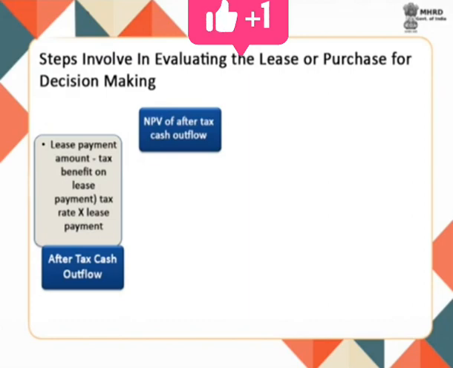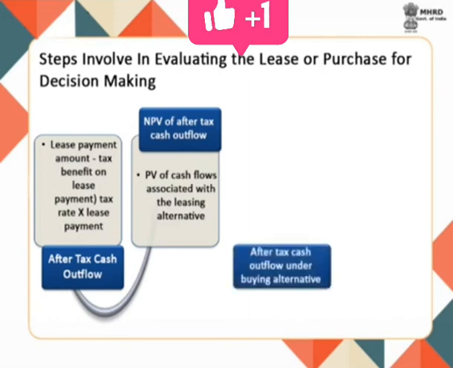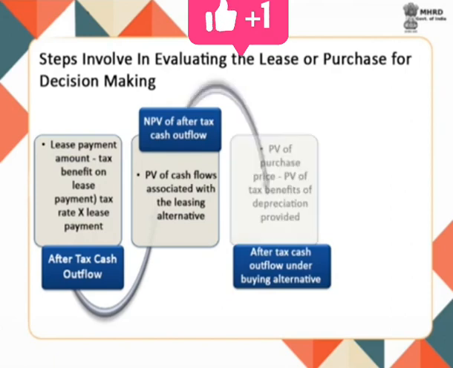Then determine present value of cash flows associated with the leasing alternative. 3. Determine the after tax cash outflows under buying alternative based on borrowing, which is present value of purchase price minus present value of tax benefits of depreciation provided. That is, present value of cash flow associated with the buying alternative will be ascertained.